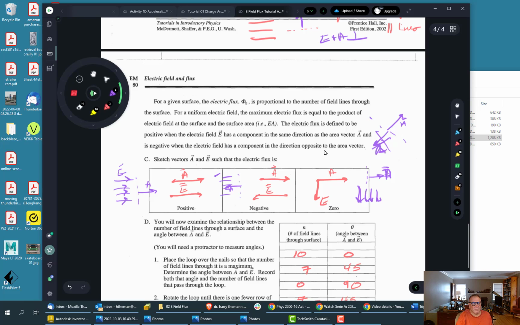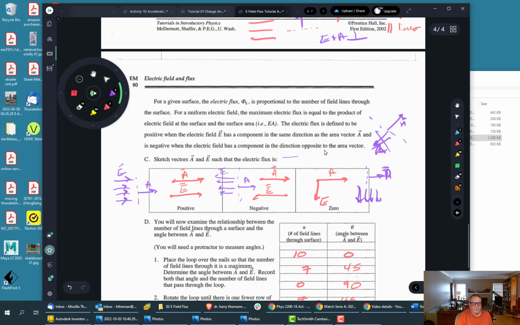Now the arrows are going the other way. So in fact, I goofed a couple times here. Let's get rid of this. So in this case, now I've got the field lines running the other way, not the loop. And my A is still that way.